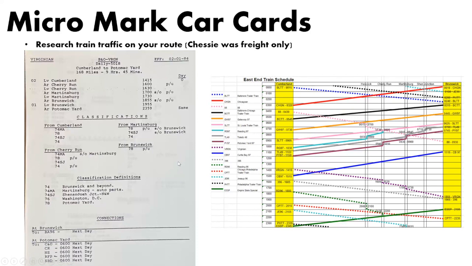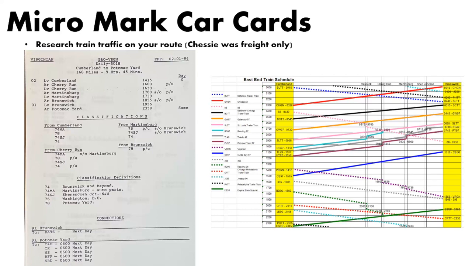So this piece of paper, and I have this for every single train across the East End, was really an amazing find. I would highly encourage you to look at your specific railroads' historical societies to see if they have such a document, because this has really defined every single train across the East End for me. And graphically on the right there, I have showed you what those look like.